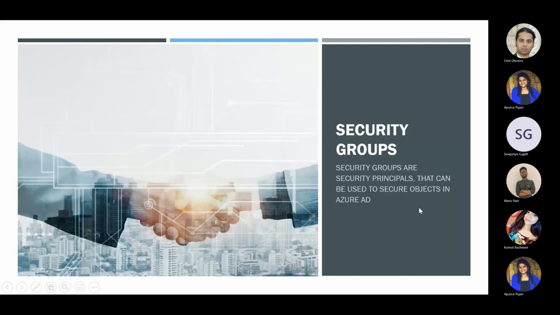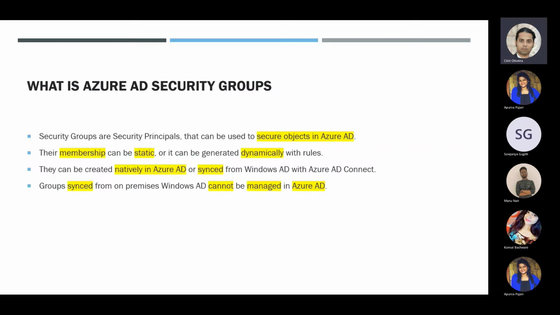Yep. So this session will be a little shorter because it is predominantly around security groups. We discussed in the previous slide that security groups are security principals used to secure objects in Azure Active Directory. Their membership can either be static, just like your distribution list, or dynamic, like your dynamic distribution list.